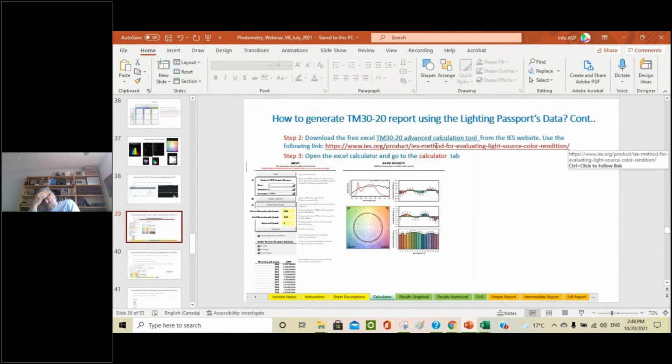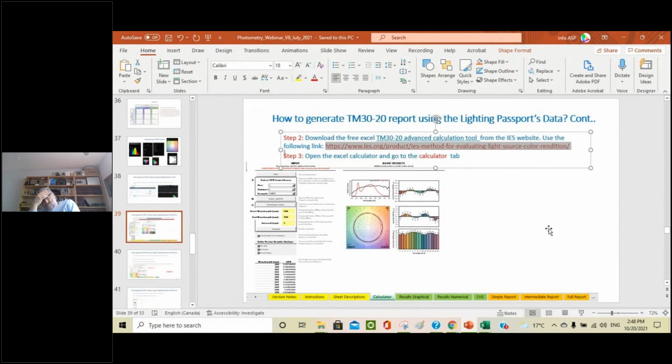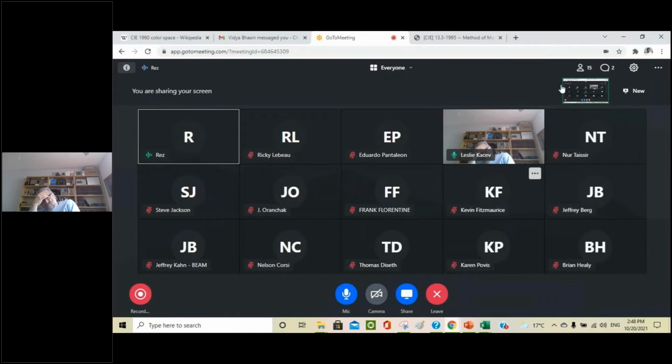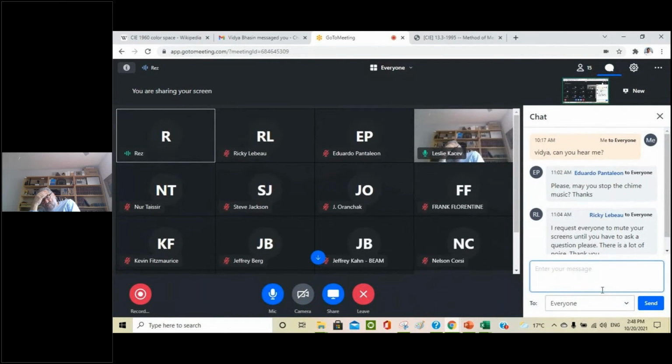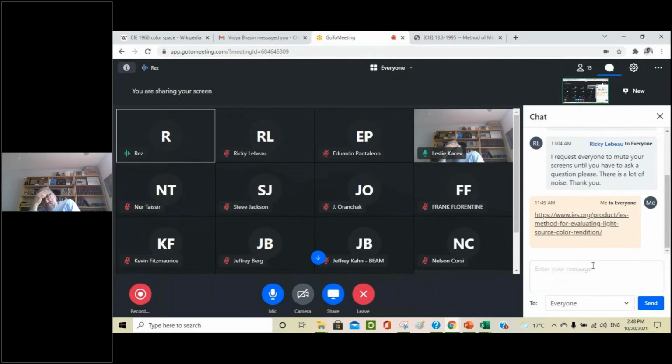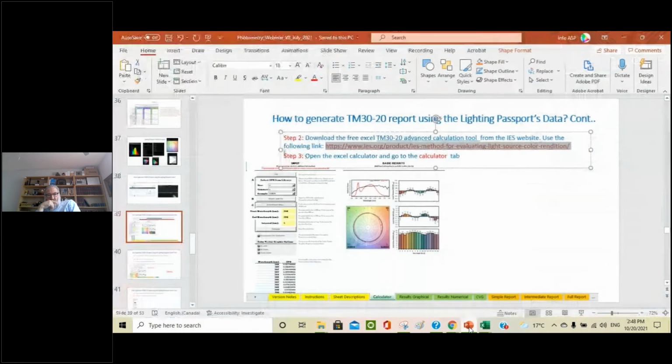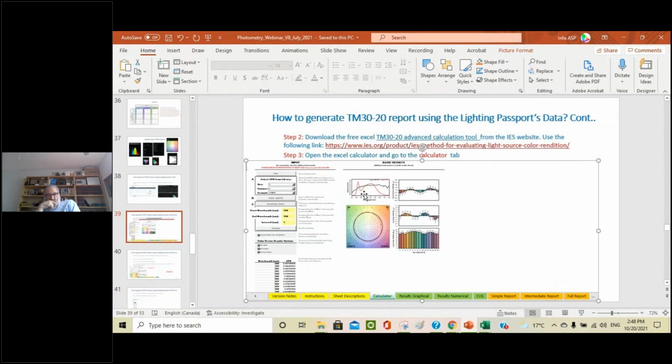So I will send you this link over the chat. You can go there and it asks you a few pieces of information, and you can download that. So you can go ahead and download that from that site. If you have any problems, let me know. It should be very easy to find and download that Excel calculator.